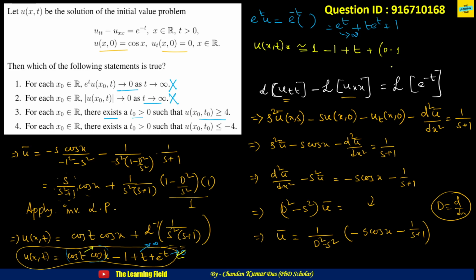So the 1 and minus 1 cancel, and this is only t. If we take t naught equal to 4, then this gives u(x,t) equal to 4 point something.